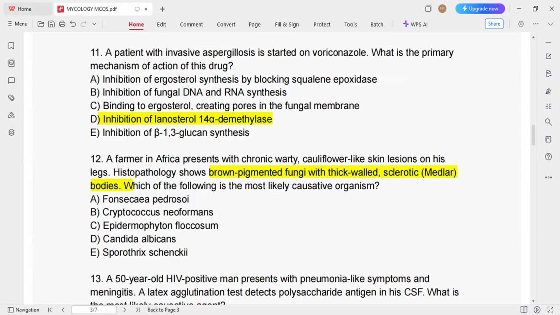Which choice? Okay, let's eliminate. It's definitely not Crypto and Candida. We have already gone through that. Sporothrix schenckii causes something known as sporotrichosis. It presents with nodular lesions that follow a certain pattern, called ascending lymphangitis.